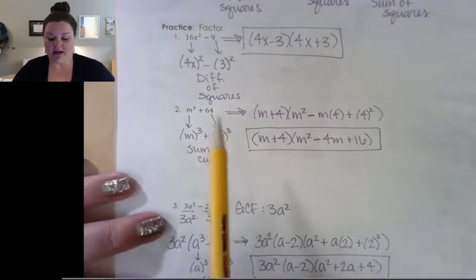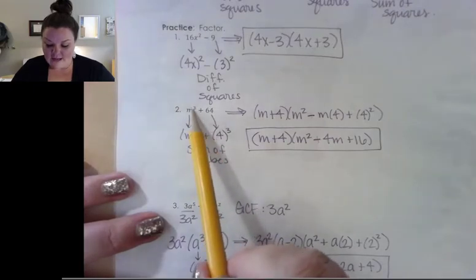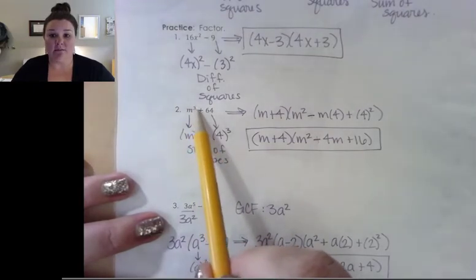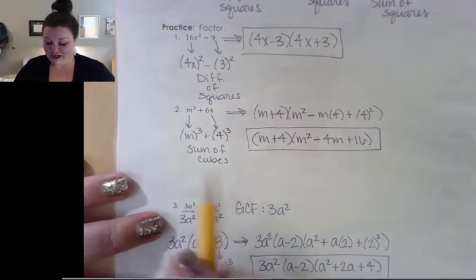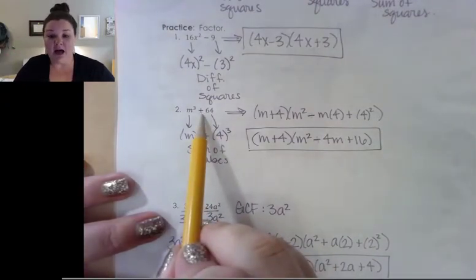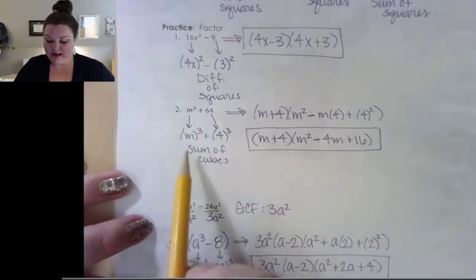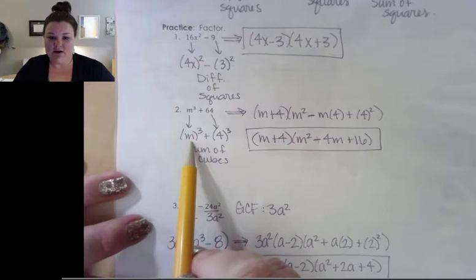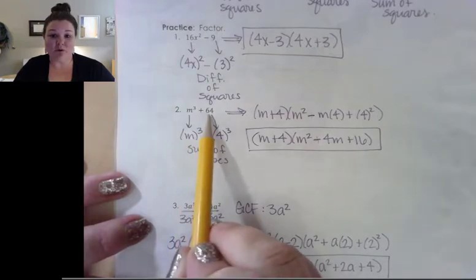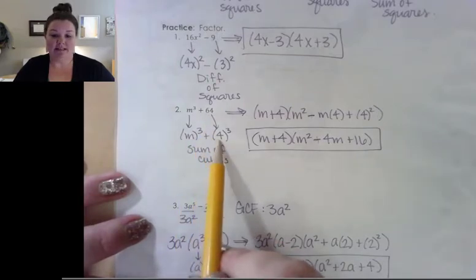All right, let's look at the second one. I see a cube right away on the m, so I'm thinking cubes, which we have a formula for, so that's good. We're going to look at a sum of cubes. What I have to cube to get m cubed is m, so that's my first base. What I have to cube to get 64 would be 4, so that's my second base.